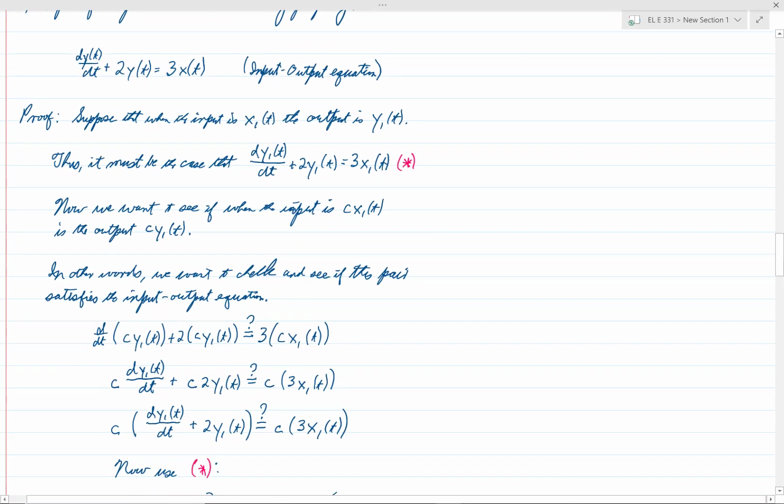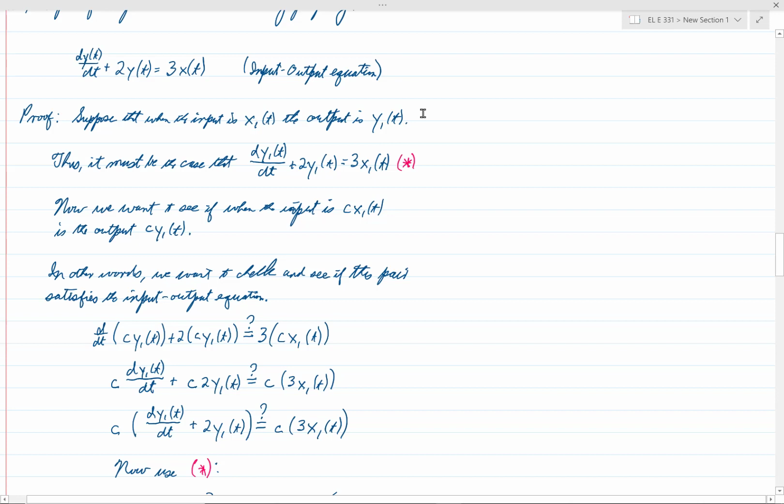So I say here, suppose that when the input is x1 of t, the output is y1 of t. So in other words, I am choosing an arbitrary input-output pair that does work for this system. The input is x1 of t, the output is y1 of t.